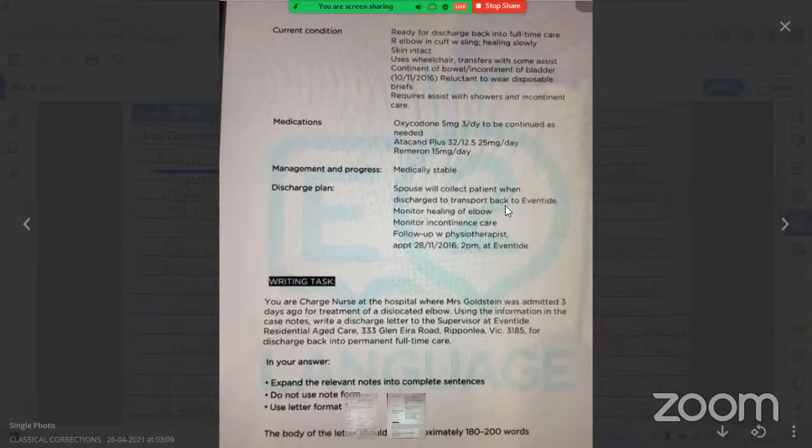Discharge to transport back to event time. This is not transfer. Discharged. Next, monitor healing. Regular monitoring and appropriate management. Finished.